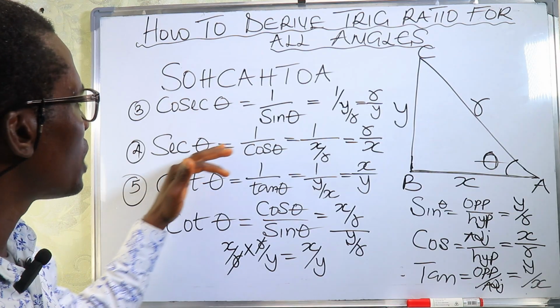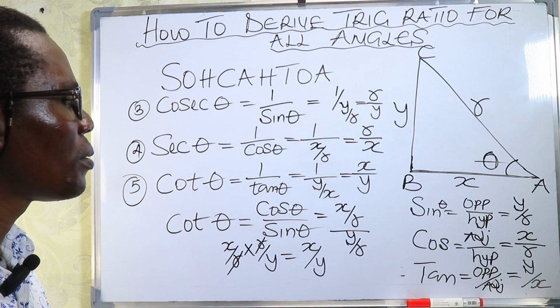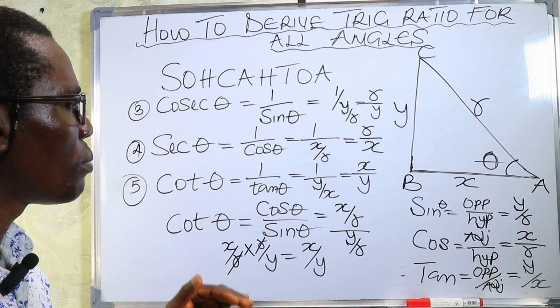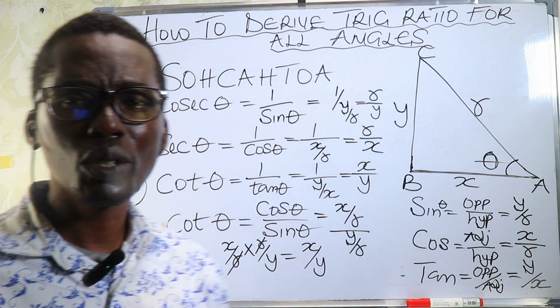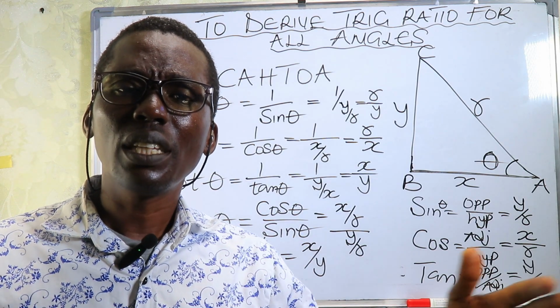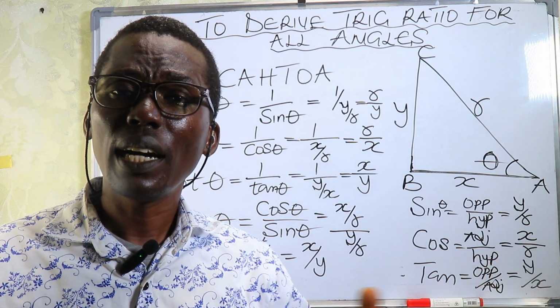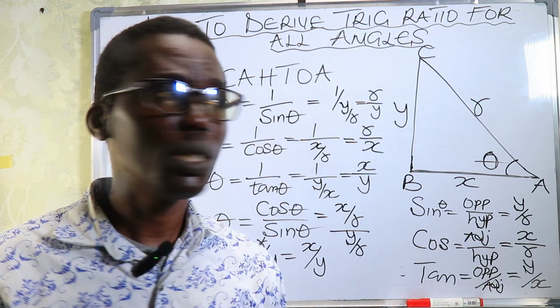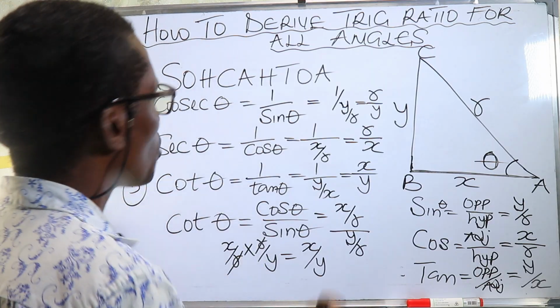Now all these ones na the trig ratio we don derive. Now make we write these ones one place, then we will see how we will now use Pythagoras theorem derive all those other longer trig ratios.